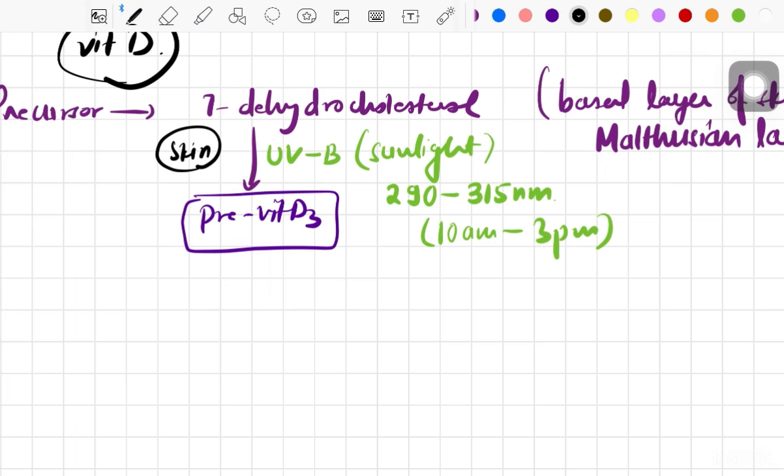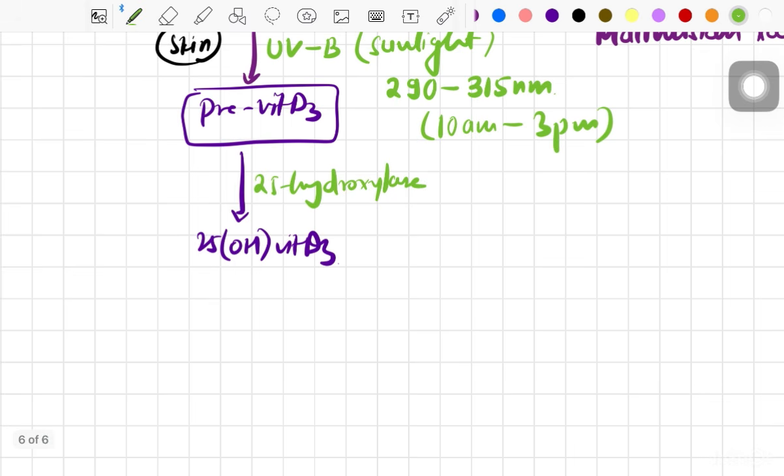Alright, this pre-vitamin D3 is now converted into 25-hydroxy vitamin D3 via the enzyme 25-hydroxylase. It adds a hydroxyl group to pre-vitamin D3 and forms 25-hydroxy vitamin D3, and this occurs in the liver. The enzyme 25-hydroxylase is present in the liver.